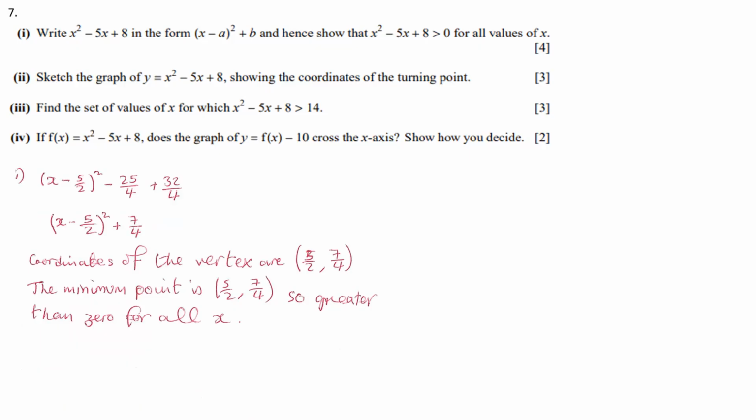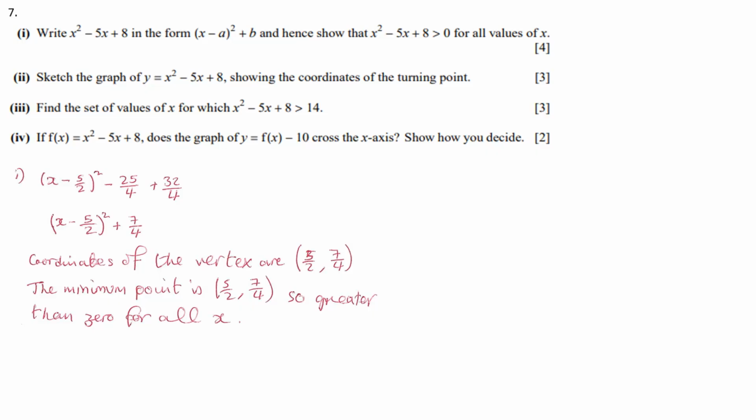So I did that. The corner of the vertex, so that's actually 5/2 to the right and 7/4 up. So that's the minimum point. Remember, it's a positive quadratic curve, and that is your minimum, or the vertex.